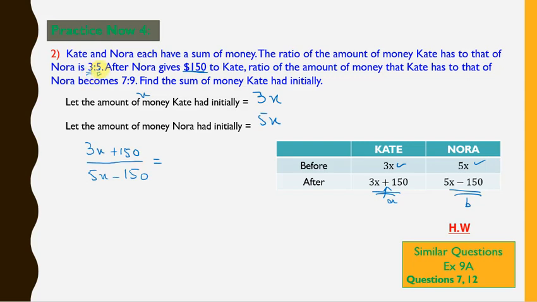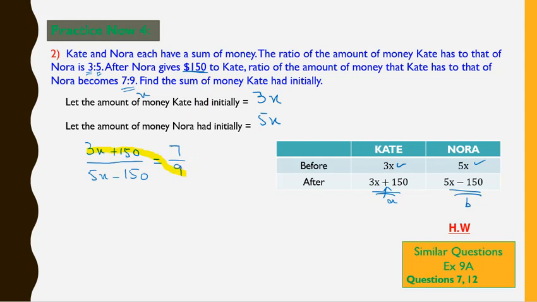Initially the ratio was 3:5, but after Nora gives $150 to Kate, the ratio becomes 7:9. Therefore we will write this in fraction like 7 divided by 9. Now we will cross multiply.